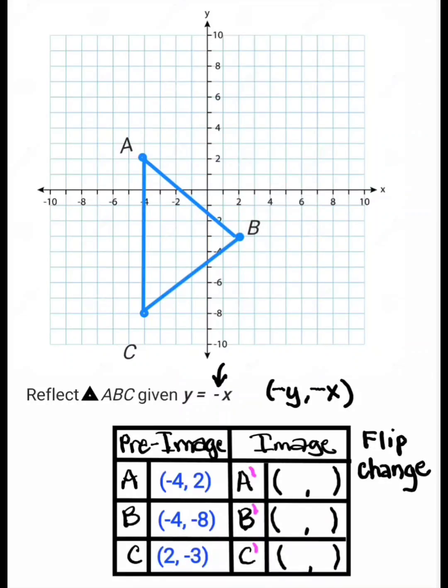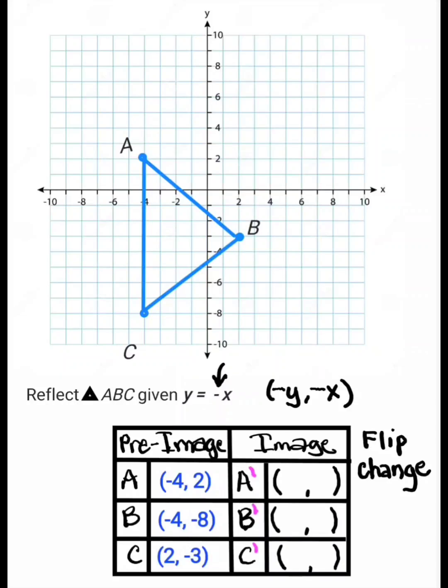So, to keep from making mistakes, to reduce that cognitive load, do one thing at a time. So first, let's flip the numbers. Let's flip the y and the x for each one of those. Just flip them.